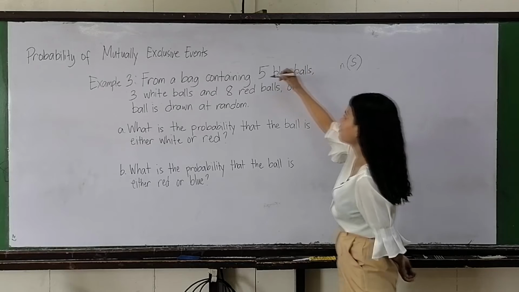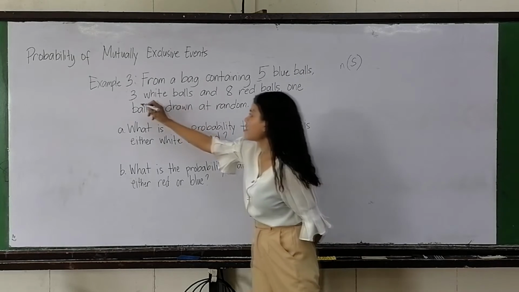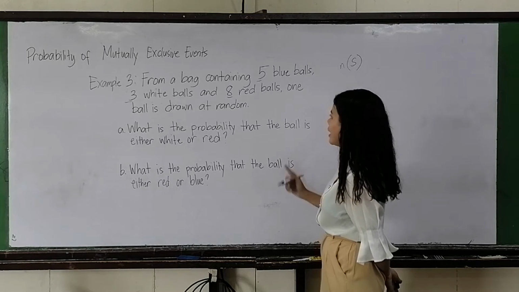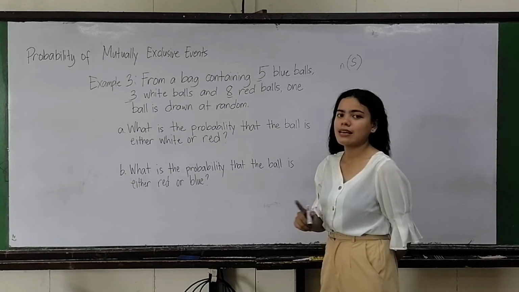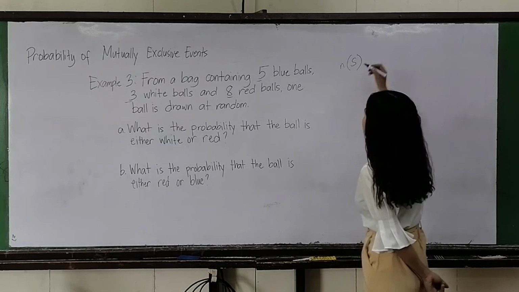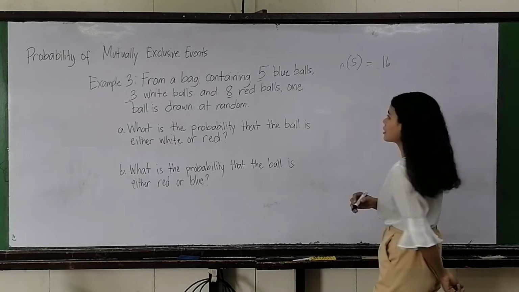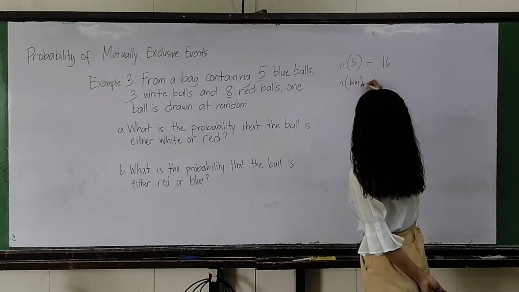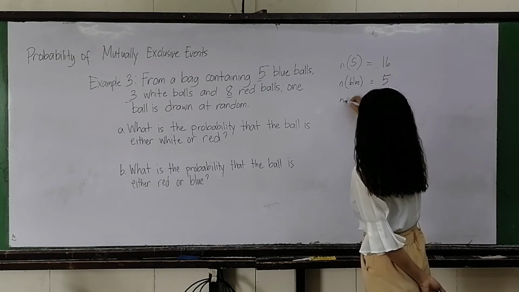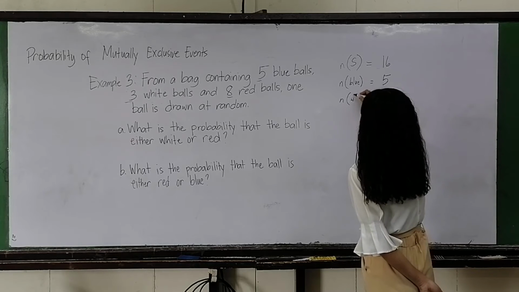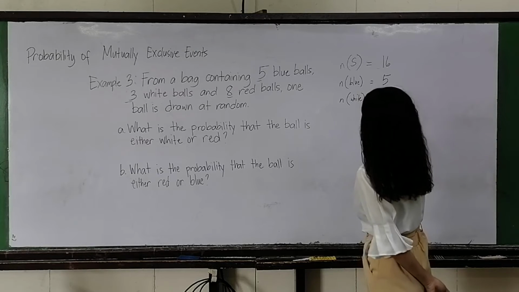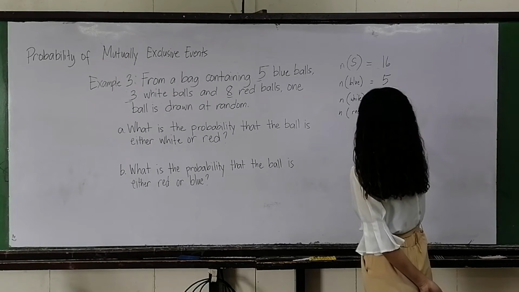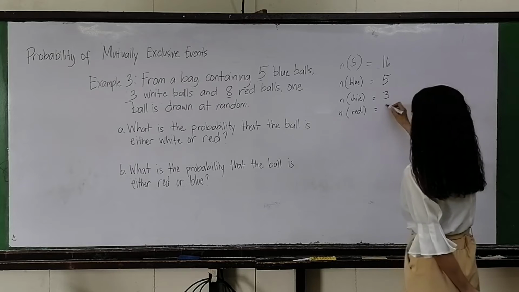So since there are 5 blue balls, 3 white balls and 8 red balls, you have 5 plus 3, that's 8 plus 8, so you have 16. And then of course, the number of outcomes for blue is 5, for white is 3, and for red is 8.